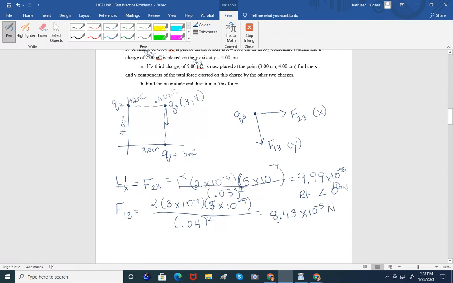And it points down. Or you can think of that as an angle of 270 degrees.